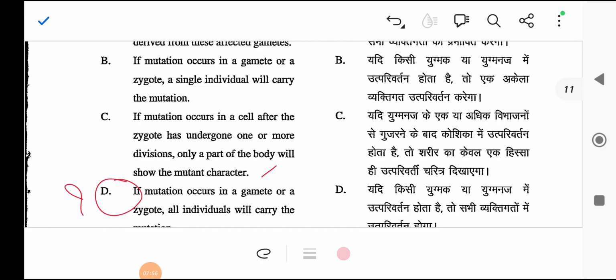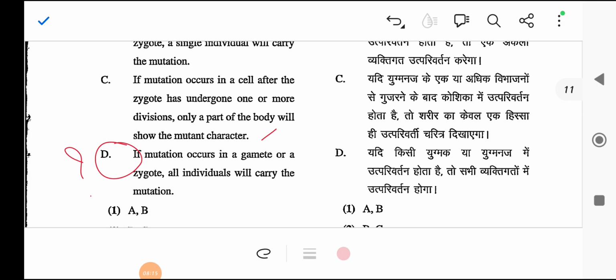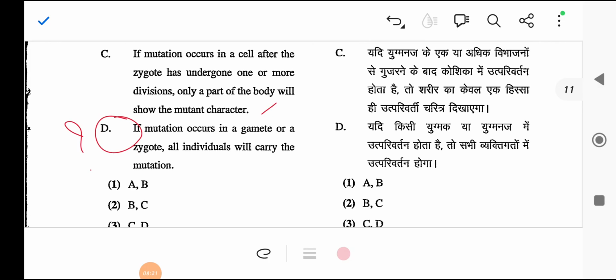Okay, so if the zygote has undergone differentiation and only some cells show mutation, then only those cells, whichever organ they are forming, will show the mutation. The whole body will not show the mutation. Number D, if mutation occurs in a gamete or a zygote, all individuals will carry the mutation. So if the mutation is in the zygote, all will carry the mutation.